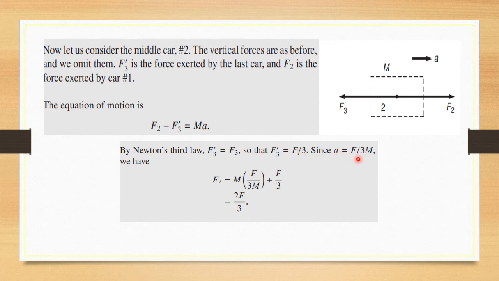Now since a is equal to F by 3m, from this equation F2 is equal to ma plus F3 dash. So when we substitute the values of a as well as F3 dash, F2 is equal to m into F by 3m plus F by 3, that is equal to 2F by 3. Okay, F2 is equal to 2F by 3.